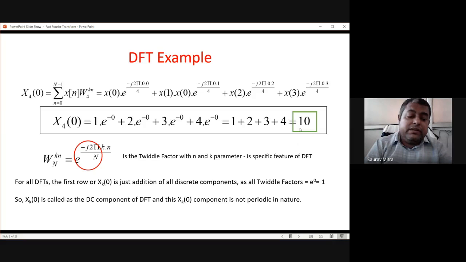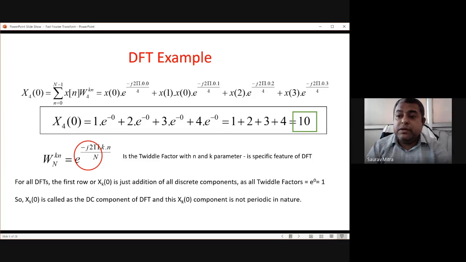Whenever you are trying to find X0, either for N equal to 4 or N equal to 8, directly add all the sequence. So 1 plus 2 plus 3 plus 4 gives you 10. That will be the value of X0. And what does X0 give you? X0 is nothing but the DC component of the DFT, or strength of the signal.